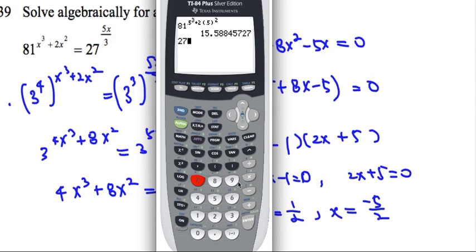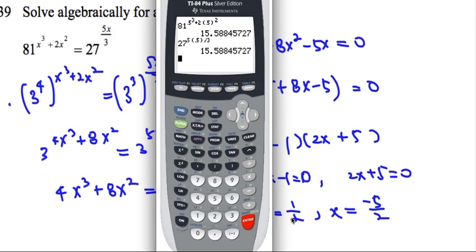We have 27 to the 5 times 0.5, and then divide by 3 in that exponent. Okay, we got the same answer, so the second one is correct.